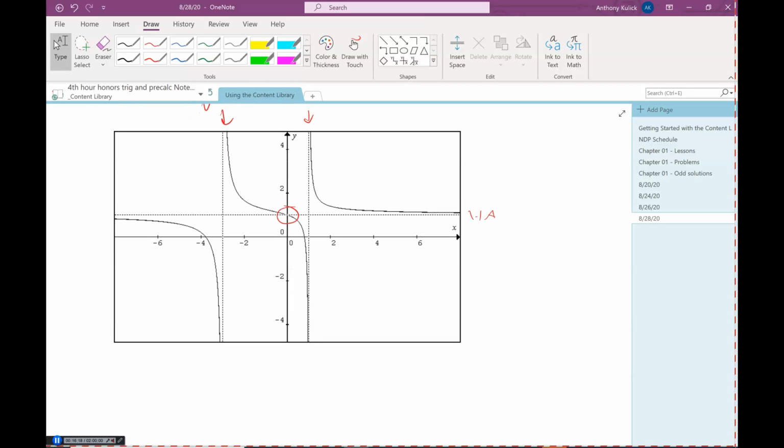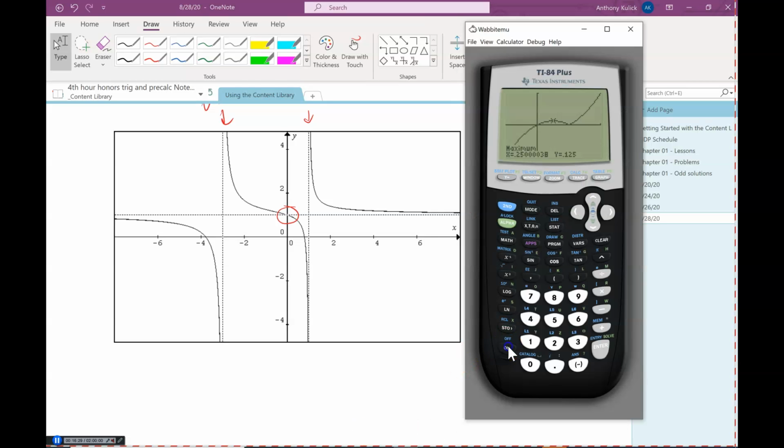One way to detect a horizontal asymptote, even though it looks like that's what's going on visually, is that you can test this a little bit more with our calculator. So one way we might test this is if I type in my function here. Do you guys know the fraction shortcut on your graphing calculator?